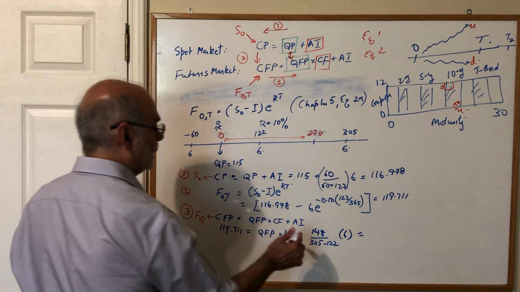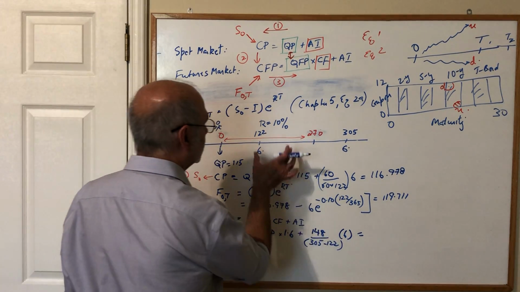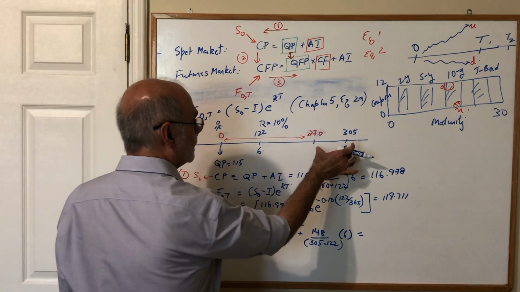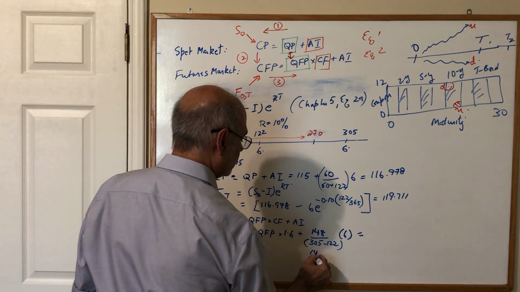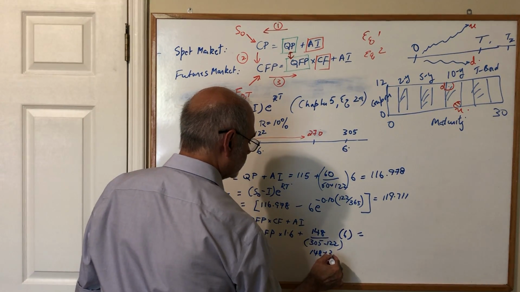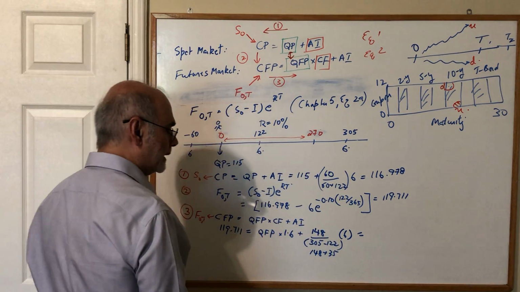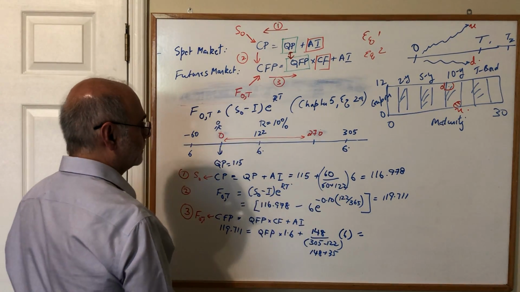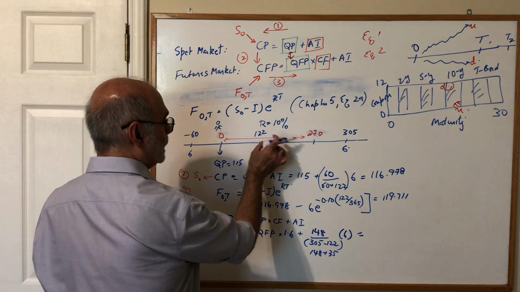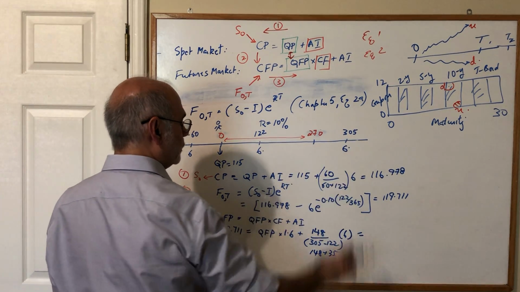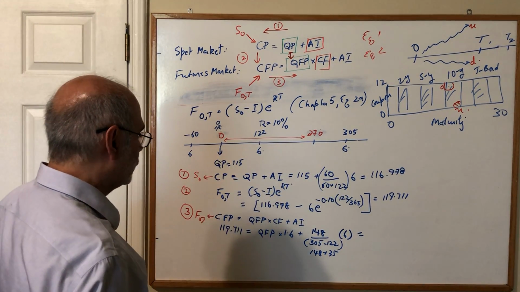The textbook calculates this number as 148 plus 35. You should get the same number either way: 148 is from 122 to 270, and 35 is from 270 to 305.